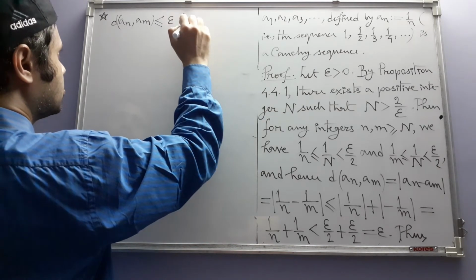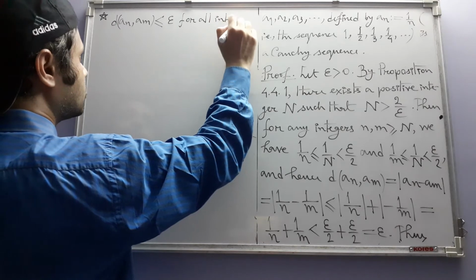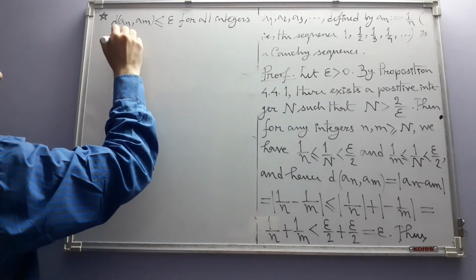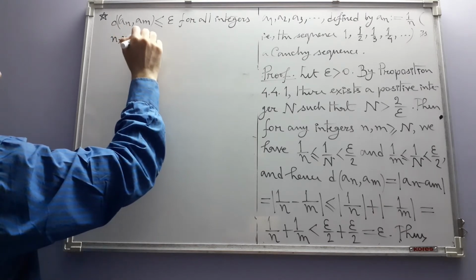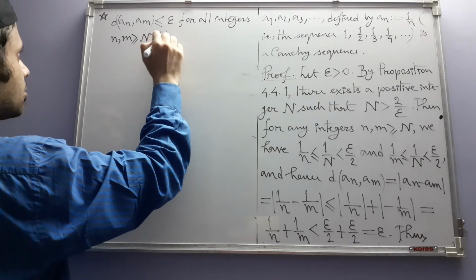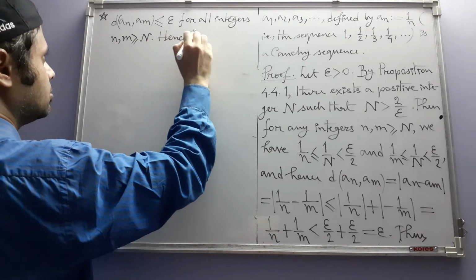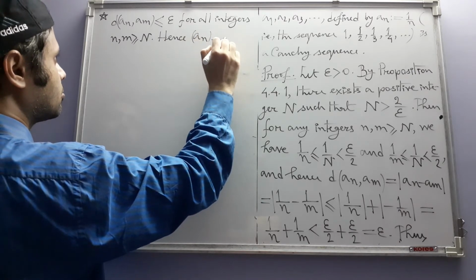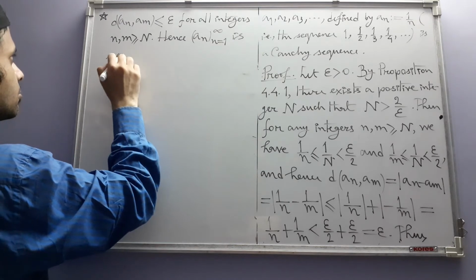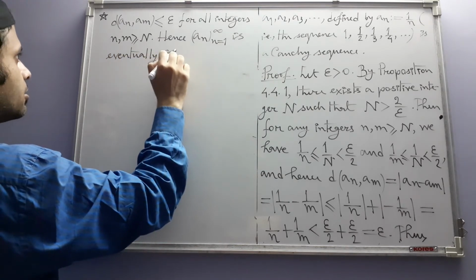For all integers n and m greater than or equal to capital N. Hence, a n is eventually epsilon steady.